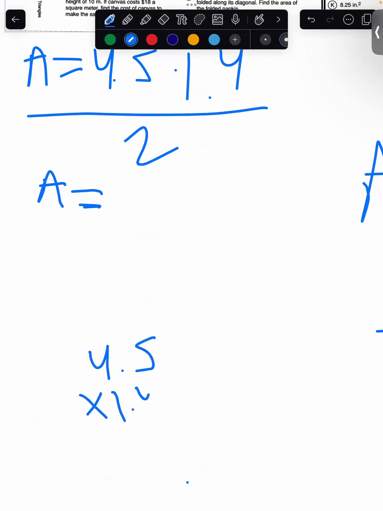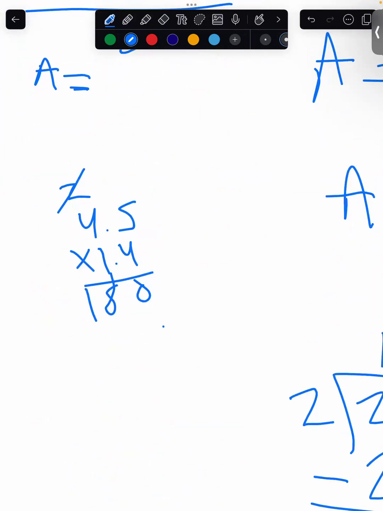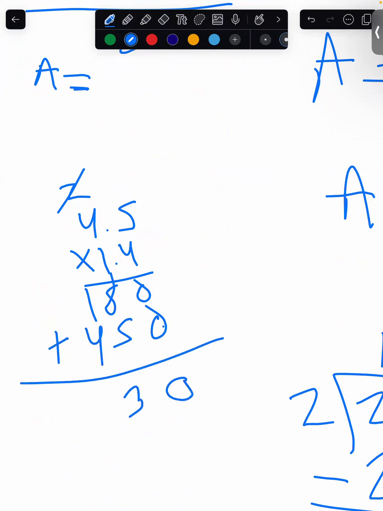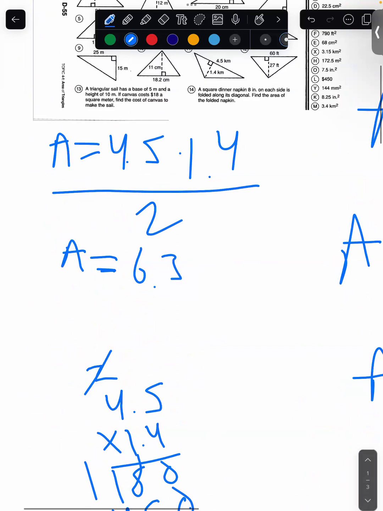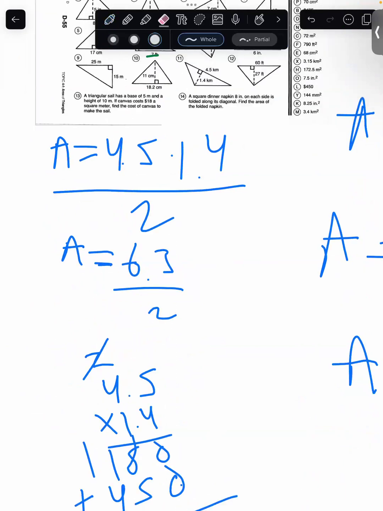Okay. So 4.5 times 1.4. Okay, 16, 18, 0. That's not a decimal there. Just 4, 0, 13, 6, 6.3. All right, so 6.30, but I don't need the 0 there, divided by 2.